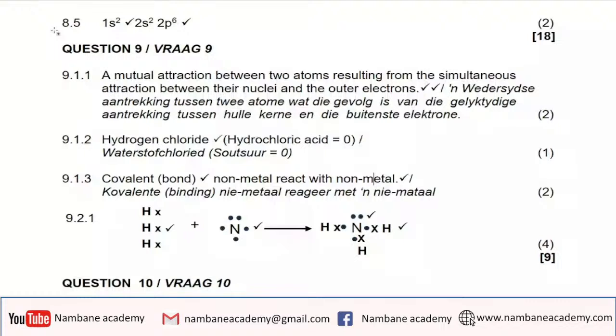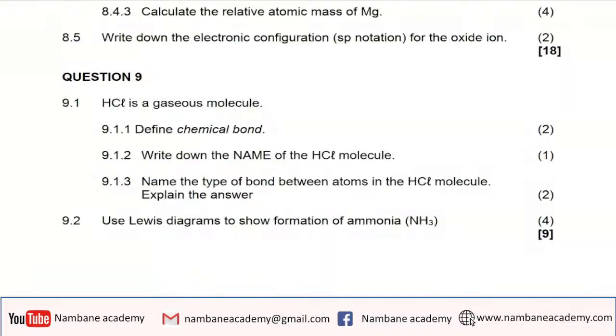HCl is a gaseous molecule. Define chemical bonding. Now, chemical bonding, it's a mutual attraction between two atoms resulting from simultaneous attraction between their nuclei and their outer electrons. 2 marks for that definition.